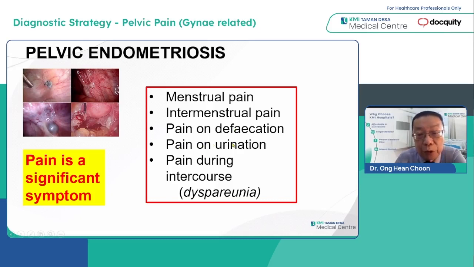There can be pain on urination, especially when there are seedlings on the bladder. It can also cause pain during intercourse, especially for the woman, which we call dyspareunia, especially when there is rectovaginal endometriosis. So pain is a very significant symptom in women with endometriosis.